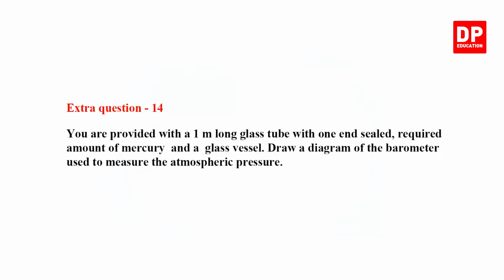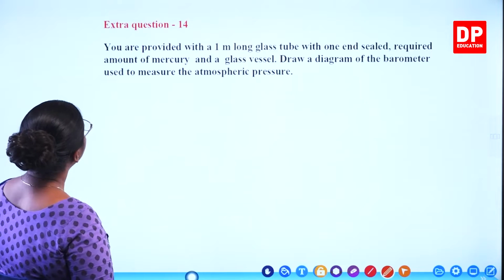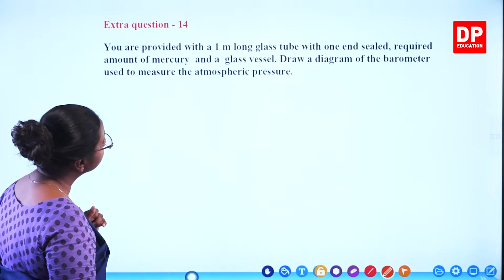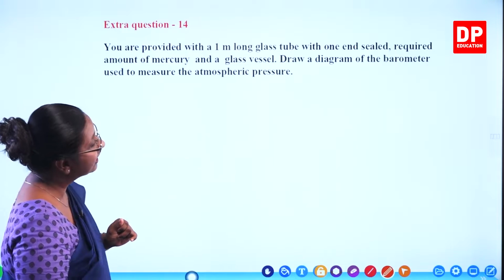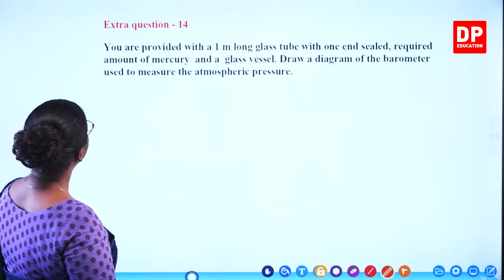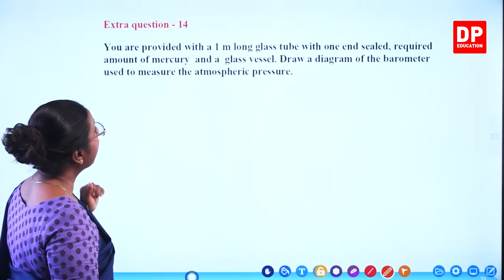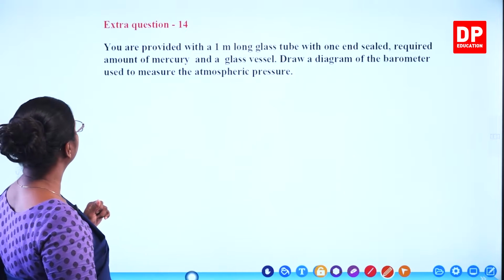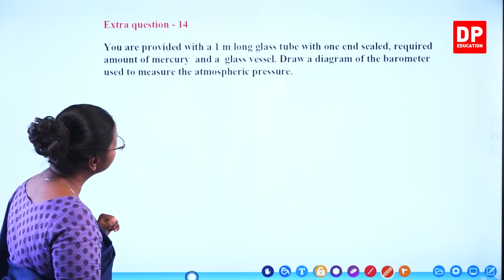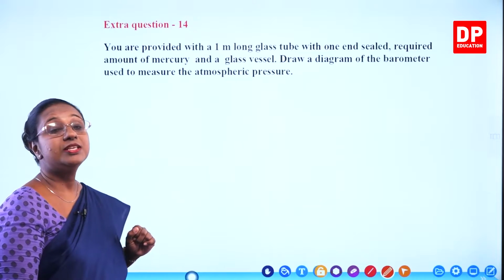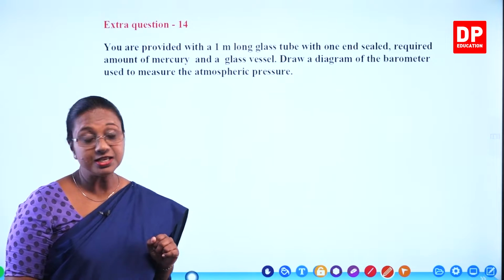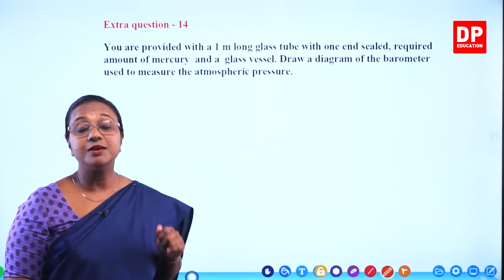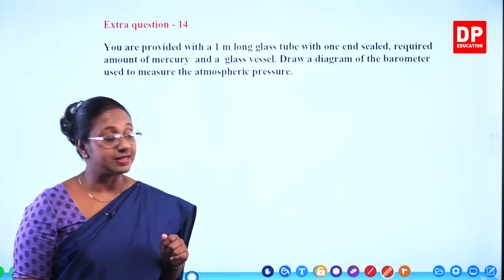The next one, extra question 14. You are provided with a 1 meter long glass tube with one end sealed, required amount of mercury and a glass vessel. Draw a diagram of the barometer used to measure the atmospheric pressure. So this is the mercury barometer. When they say draw the diagram, you need to label the parts as well.